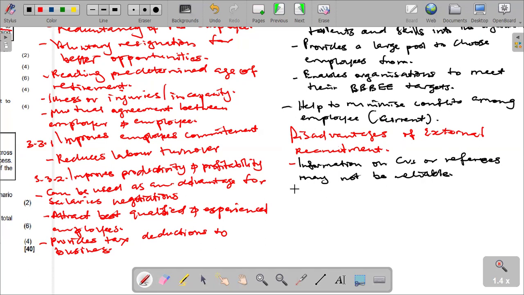That can be a disadvantage there. We have also got many unsuitable applications that can slow down the selection process. It is time consuming.